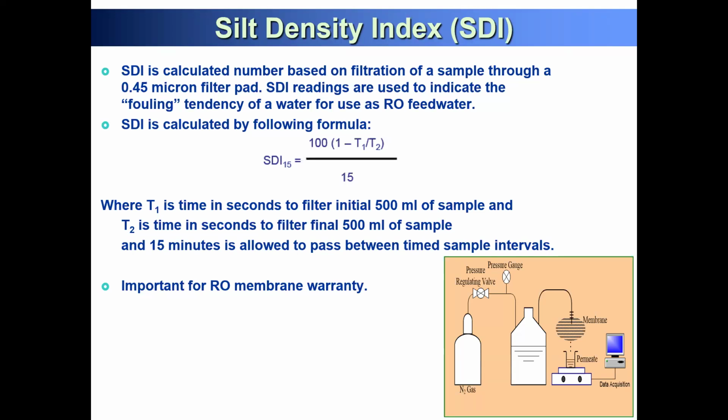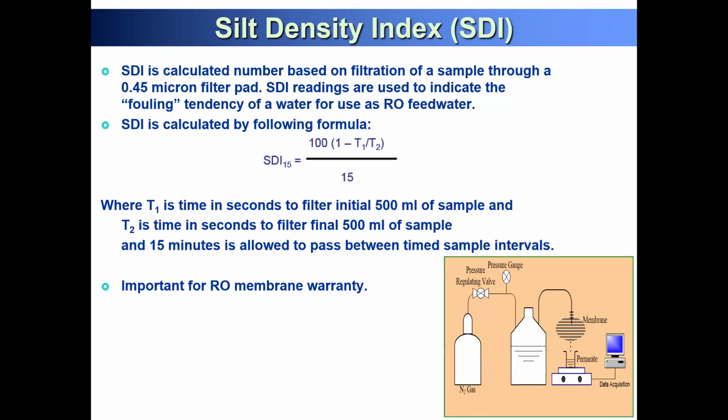So the reverse osmosis company asks what the feed water pretreatment is. If you have an SDI of more than 5, we cannot guarantee or warranty your RO membrane because there are a lot of particles and a lot of fouling. This will clog and make a lot of fouling, so you cannot produce enough water flux.